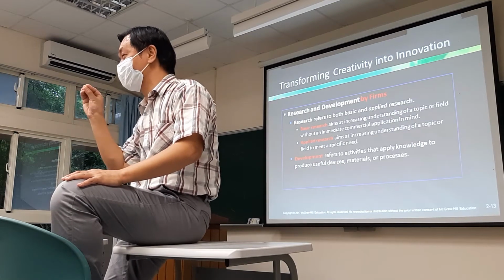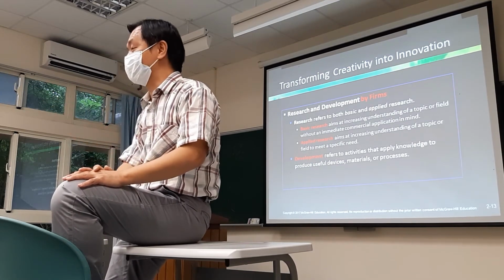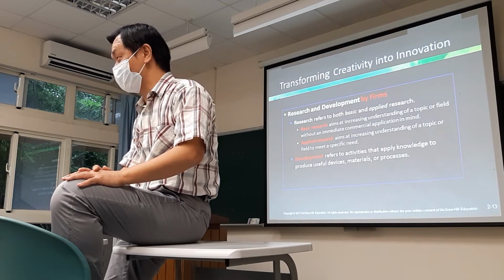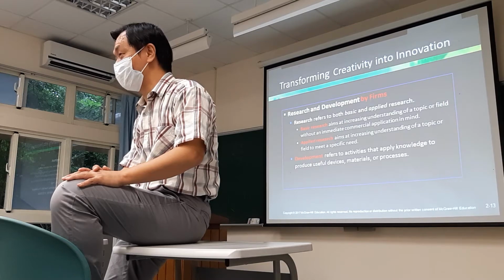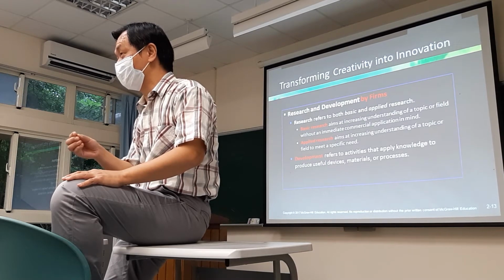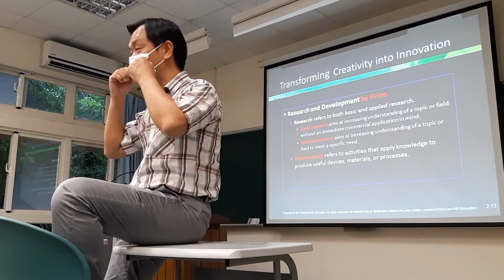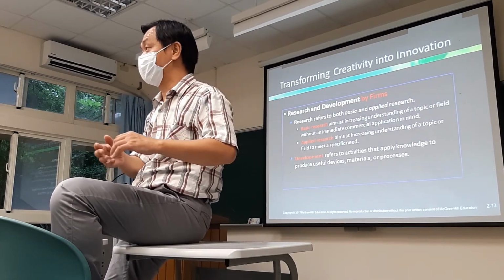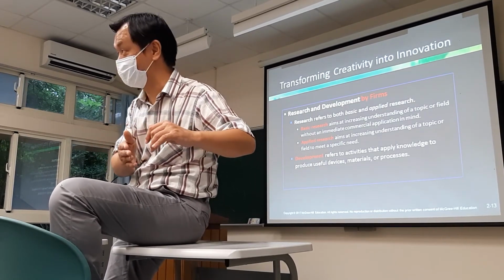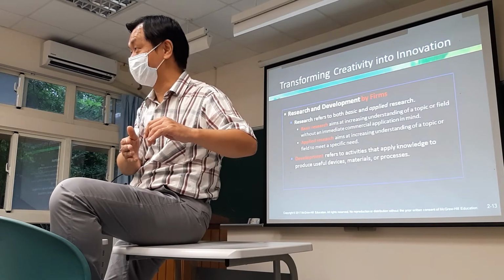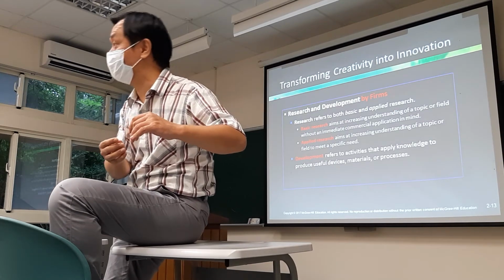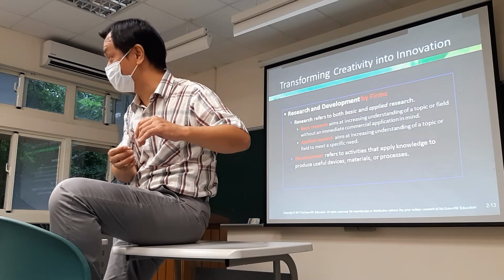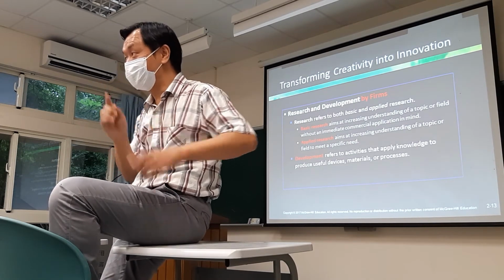If you are close to the science, you are dealing with radical innovation, or you try to build a product platform. But if you are close to development, which is applied to some market, you are doing incremental innovation or improvement. Can you get my point?